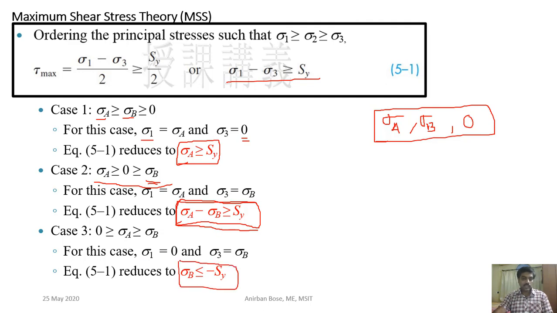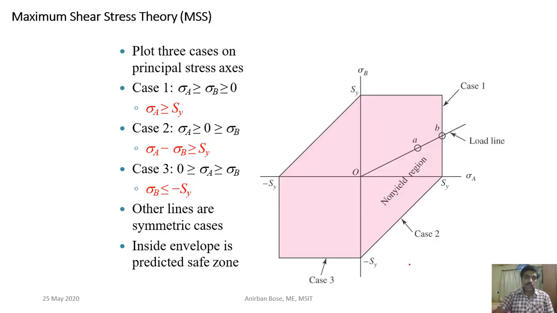Similarly for the situation when both are negative. Now if we plot this maximum shear stress theory in terms of sigma A and sigma B, that is, for the plane stress situation plotted with respect to principal stresses, case 1 indicates this line, sigma A greater than or equal to Sy.